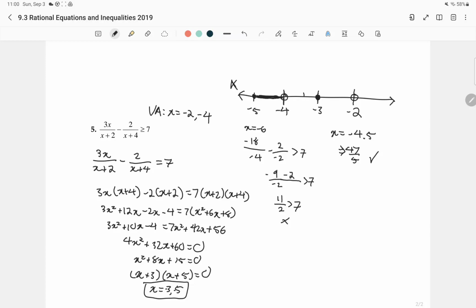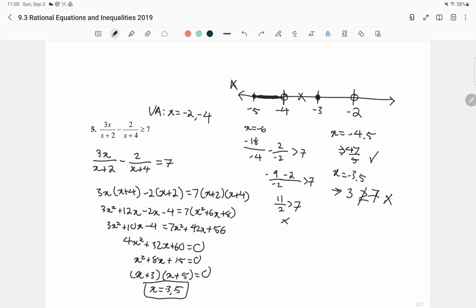Now we have to try here. We're going to use -3.5. And what does this give us? We just use the calculator once again, because this is going to take way too long freehanding it. This gives us 3, which is not greater than 7. So this does not work out. We don't have any values in here.